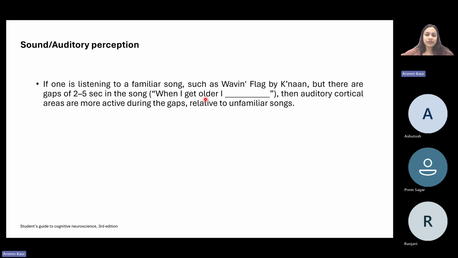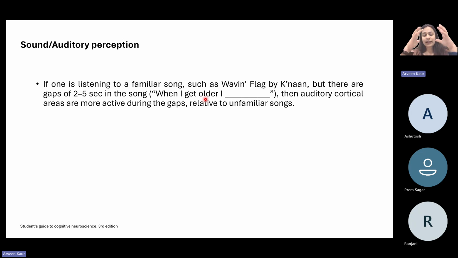If you're familiar with that song, there are more active areas in your brain which will actively work to fill in that gap, right? You might sing it out loud to fill it, or you might constantly be thinking in order to recall that information, what is the next word, what is the next line, right?